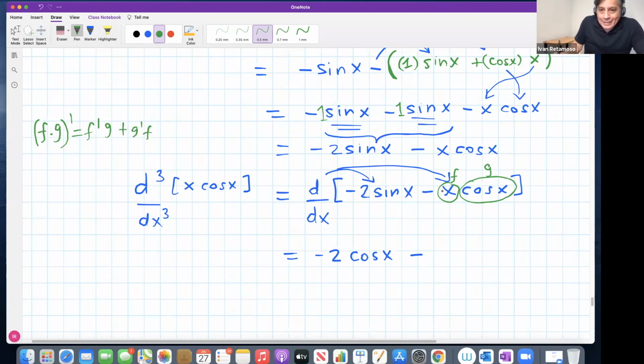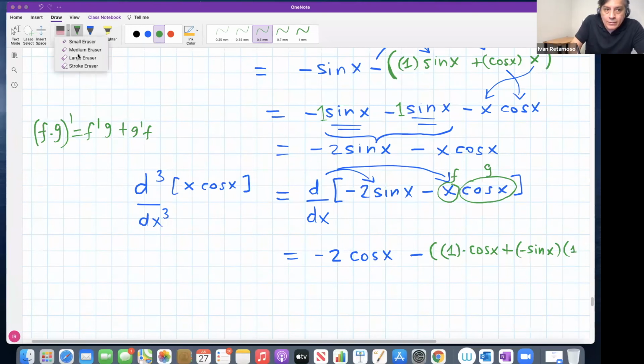Okay, so derivative of f, derivative of identity function is 1 times the function g as it is cosine of x, plus the derivative of the g function, derivative of cosine is minus sine of x, right? Times the function f as it is, not the derivative. Let's be careful here. So just x. And then close parentheses.